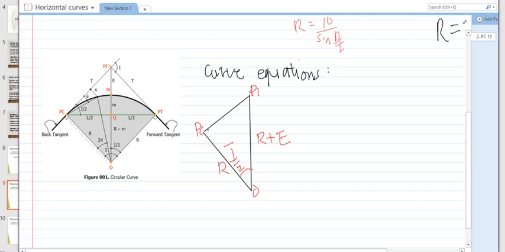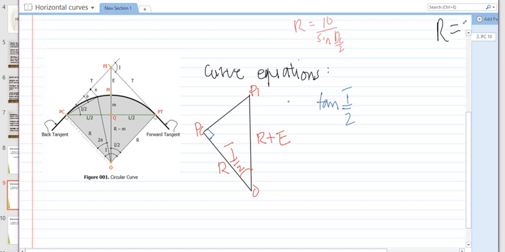Okay. So our curve is there. Using this relationship, let's analyze the triangle. Tangent of I over 2.